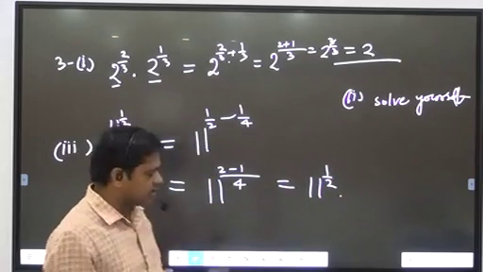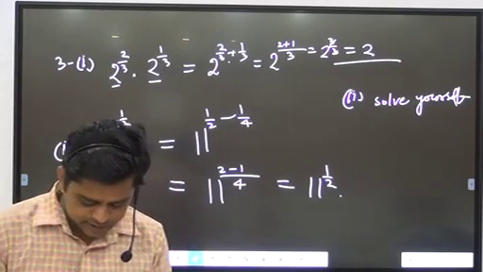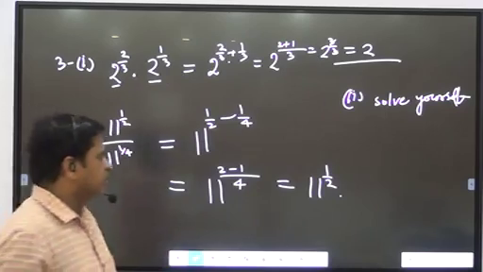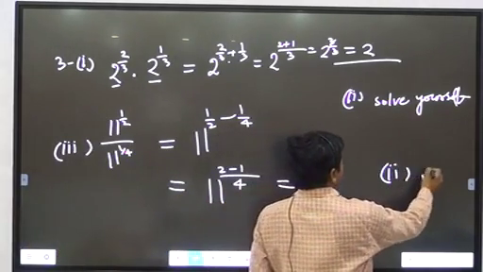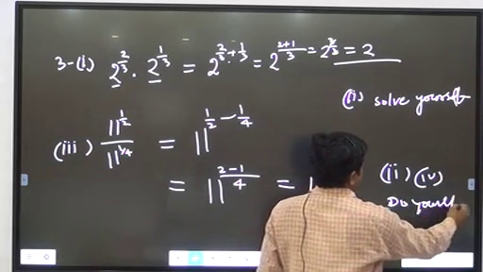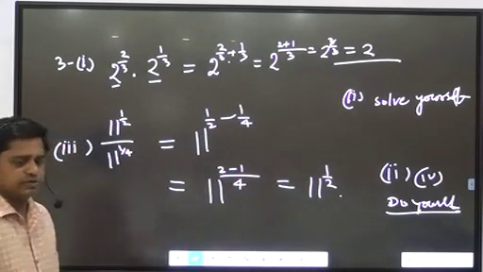These are the solutions of the exercise questions, and the rest, parts 2 and 4 of the question, you will solve at home. Do it yourself. Definitely you can solve them; there is no problem.